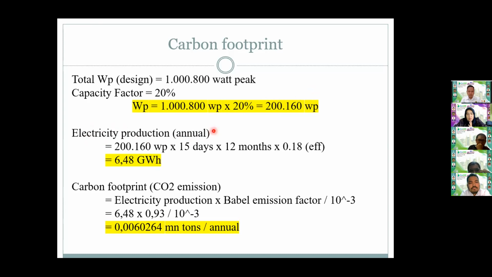Electricity production annually we can say is 6.48 gigawatt hour, and the potential carbon footprint we can determine by multiplying electricity production by the emission factor, and dividing by 10 to the power of minus 3.